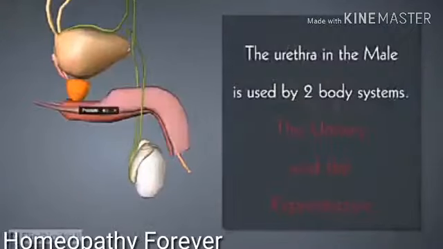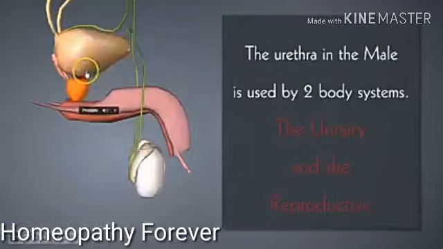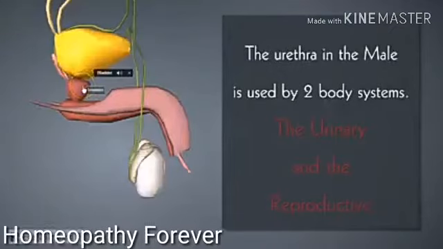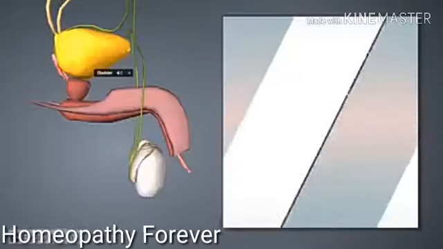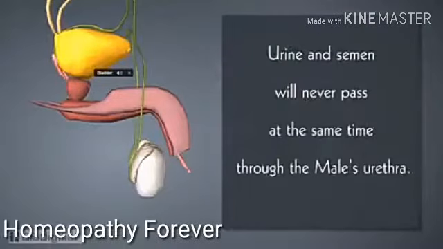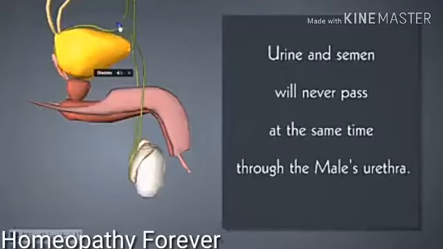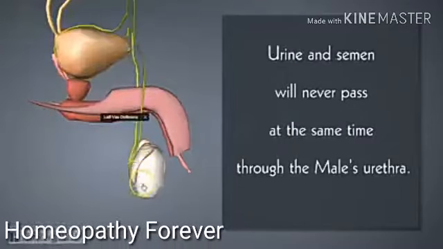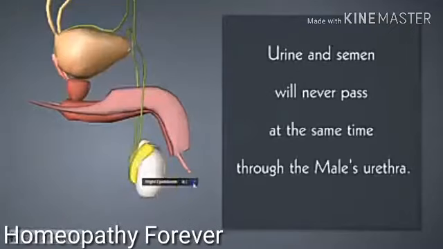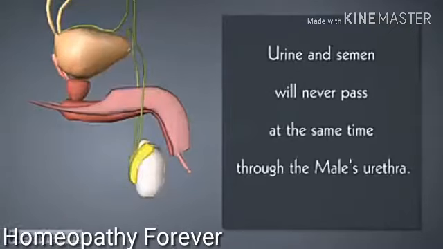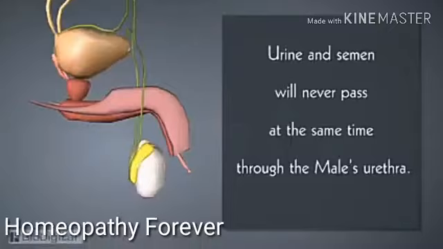The urethra in the male is used by 2 body systems, the urinary and the reproductive. Only urine passes through the urethra in the urinary system. But in the reproductive system, only semen passes through. Urine and semen will never pass at the same time through the male's urethra.